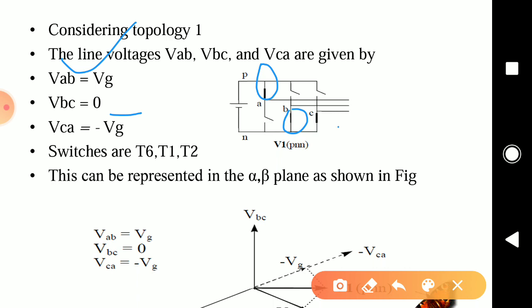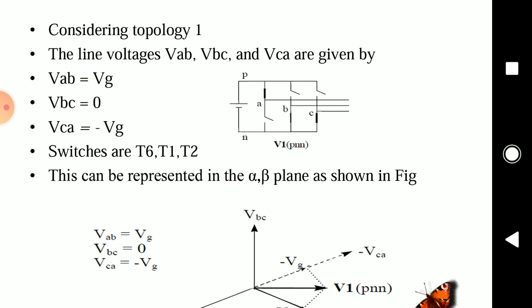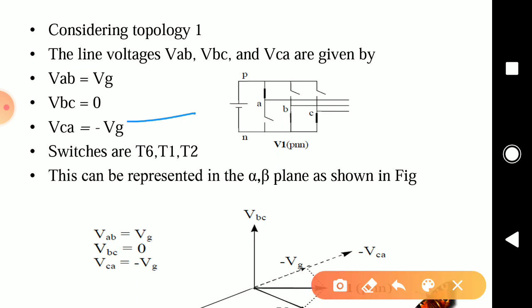Only if one positive and one negative is there, you will be having output. So here the output is 0. Next you look at VCA. In C, N is turned on. You need VCA, and the first letter is C. In C, N is turned on. N is negative. So that means our output voltage will be minus VG. I hope it is clear.